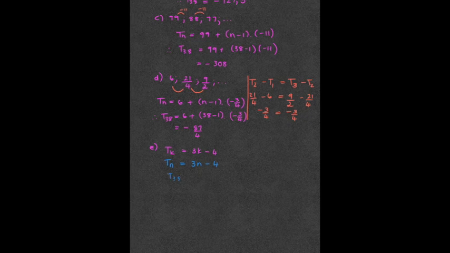Term 38 would be 3 times 38 minus 4. 3 times 38, so that's 90, 114, 110. So don't be thrown off because I've used a k now, right?